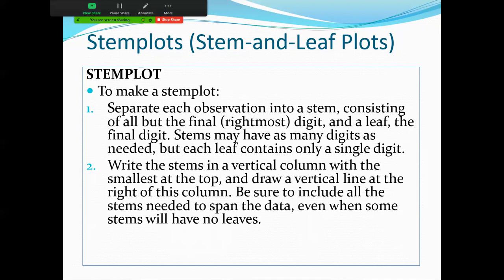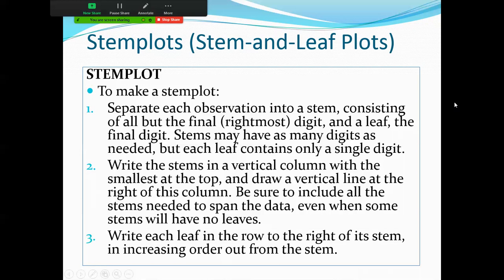Write the stems in a vertical column with the smallest at the top and draw a vertical line at the right of this column. Be sure to include all the stems needed to span the data, even when some stems have no leaves. Write each leaf in the row to the right of its stem in increasing order out from the stem.